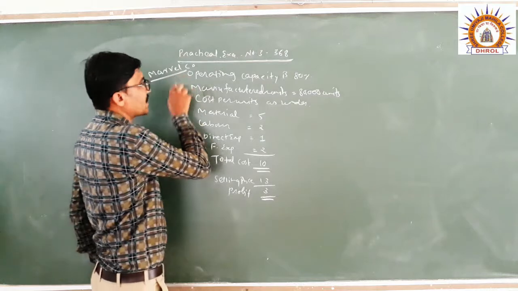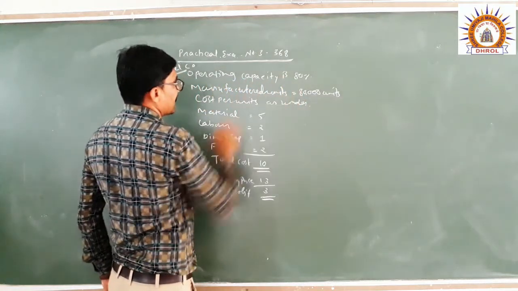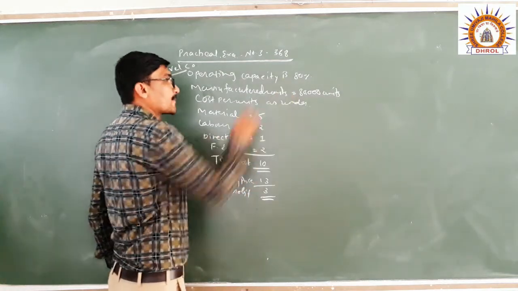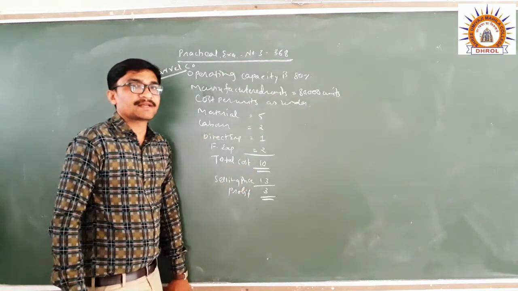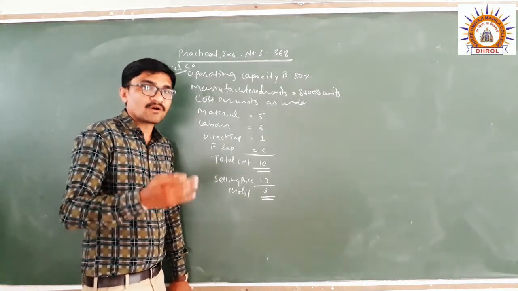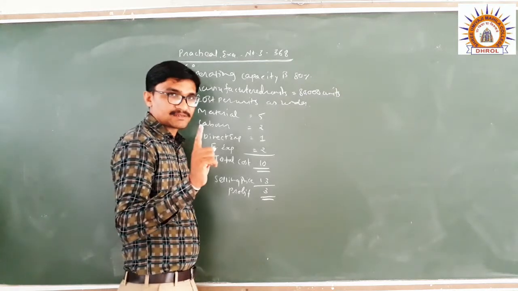In the books of Marvel Company, the company has operated, the present capacity is 80%. So the data is given in accordance with the operating capacity of 80. It means the company is now operating at 80% level of capacity.